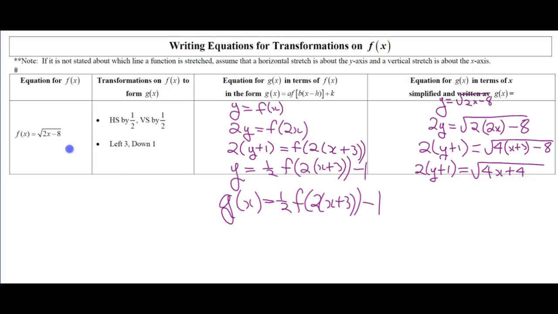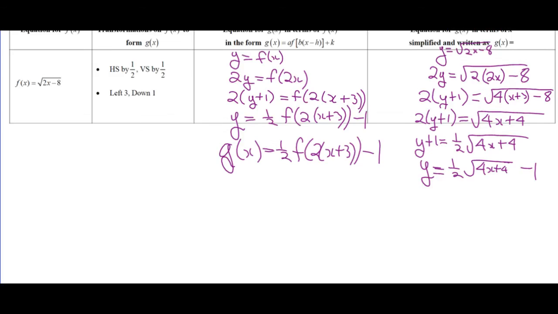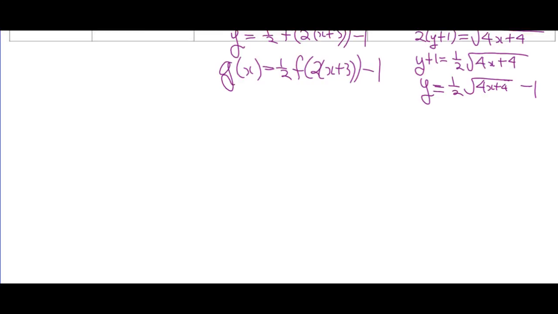So we're going to multiply by a half. Y plus 1 is 1/2 of this 4x plus 4. So y is equal to 1/2 of 4x plus 4 minus 1. Okay, so then g of x equals, oh, well, we got 4x plus 4, so what's that?